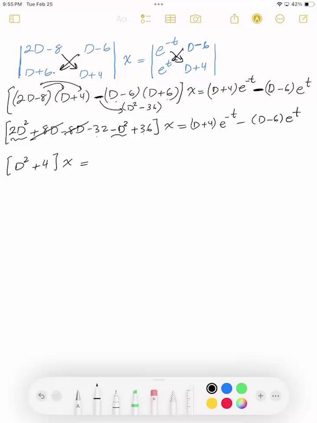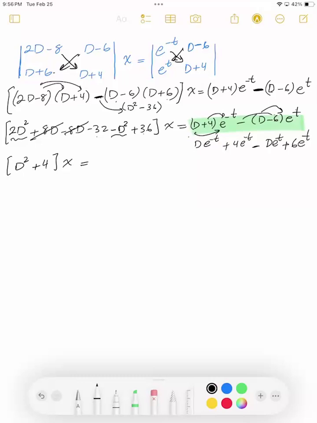So what does this here mean? D times e^(-t), we have to find the derivative of this e to the minus t, plus 4 times e^(-t), minus D derivative of e^t, and then negative times negative is positive 6 times e^t.